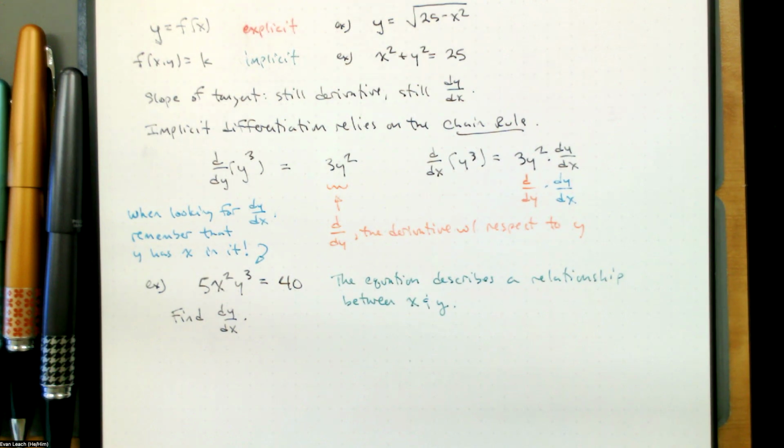All right, so back to this problem. We were looking for dy/dx, and I've got this mix of x and y. Now we have a few options. One of our options is to solve for y, keeping in mind that sometimes if we undo some functions, they aren't invertible. In this case, solving for y is a great option because y is being raised to the third power.